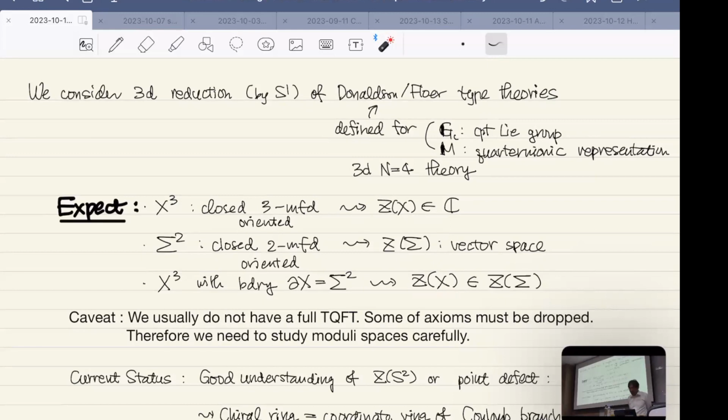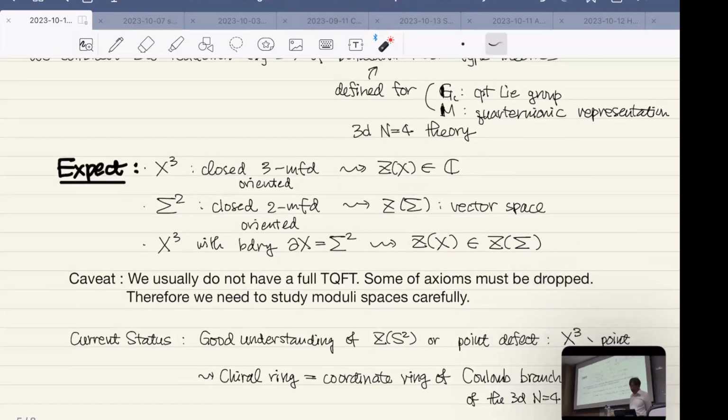But as I said, even for Donaldson-Floer theory, some of the axioms must be dropped. Otherwise, you don't have a full topological quantum field theory. That is somehow related to the singularity of the moduli space, which I omitted.